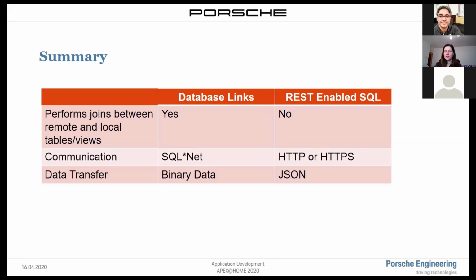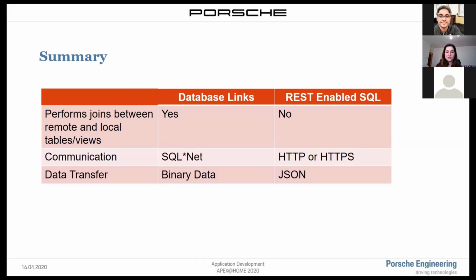If you are dealing with large amounts of data, then maybe you should consider using DB links. But if you are dealing with a remote database over the internet, then SQLnet won't go through the firewall and you would need to use REST-enabled SQL.